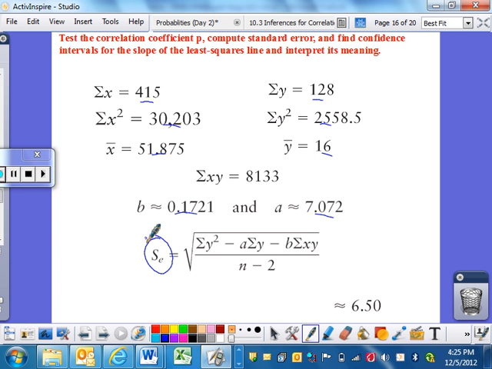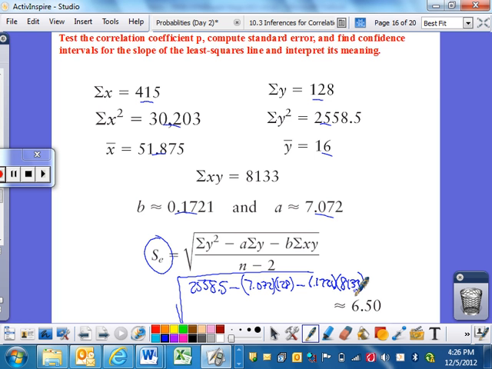If you dump all of these in, the square root of sum of y squared, so the 2558.5, minus the a value, which is 7.072, times sum of y, which is 128, minus, I'm going to run out of room, and I knew I was when I set this up, the b value, which is 0.1721, times sum of xy, which is 8133.